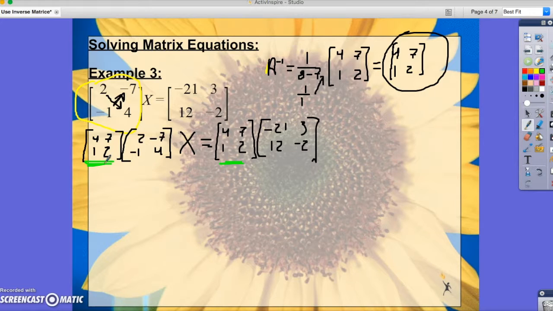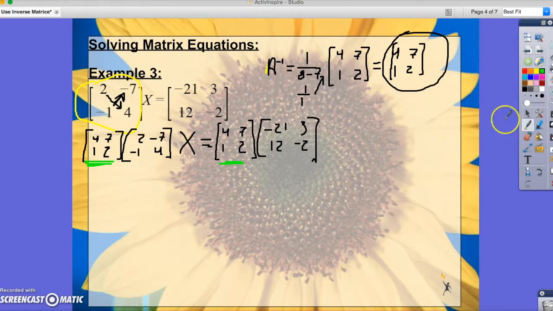They're on the left. It's very, very important it is on the left. Matrix multiplication is not commutative. So you know how 2 times 3 is 6? Well, 3 times 2 is 6. But that's not the same for matrices.